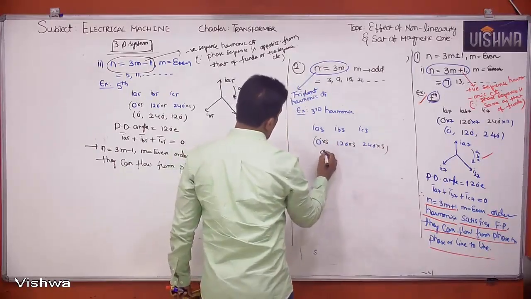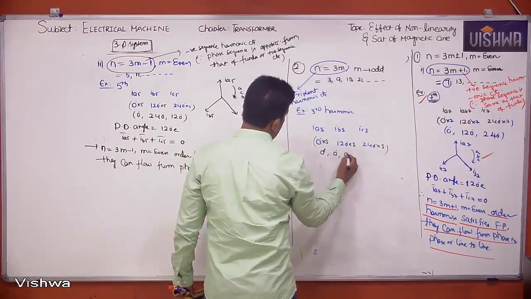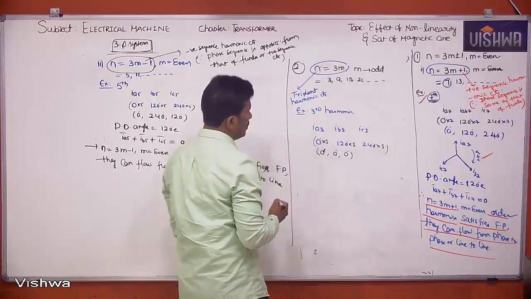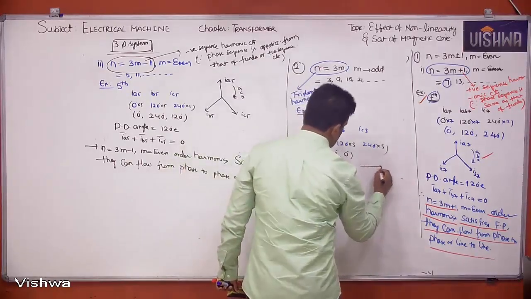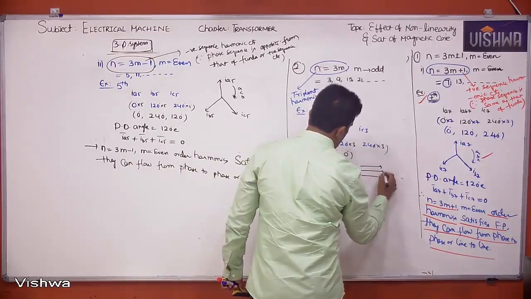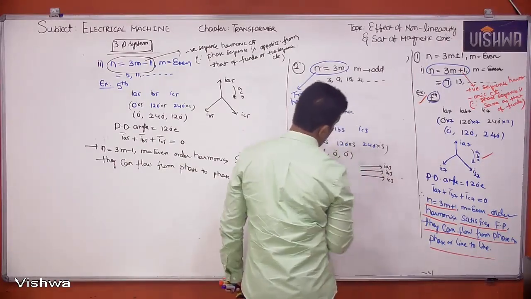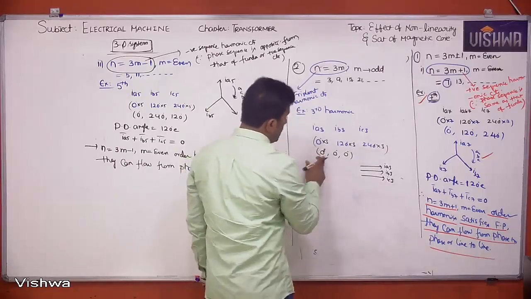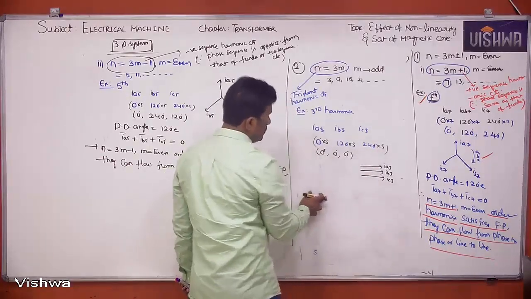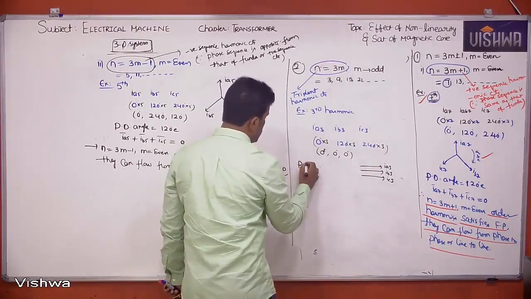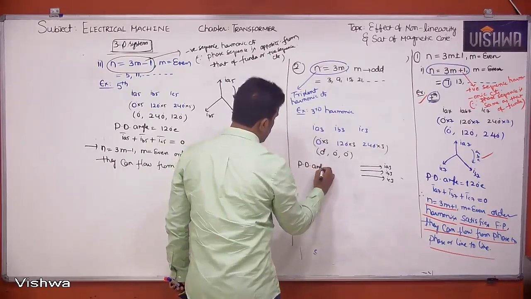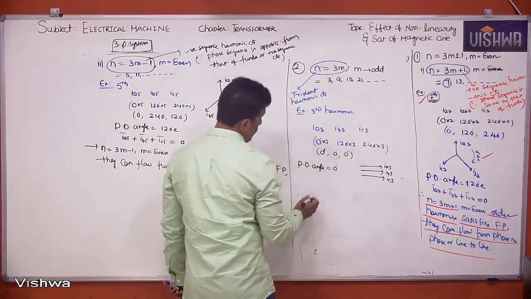You'll get 0, 0, 0. So this is IA3, IB3, IC3. What is the phase displacement angle between these vectors? 0 degrees.